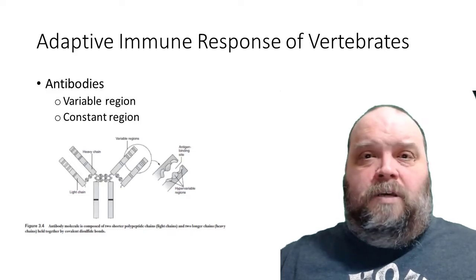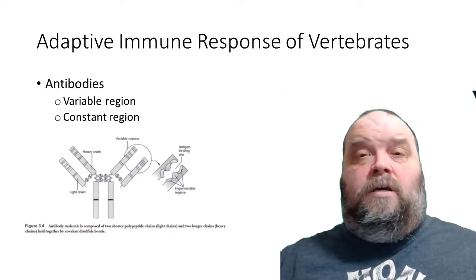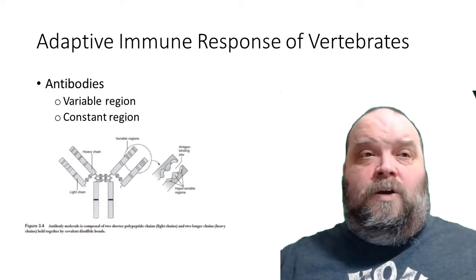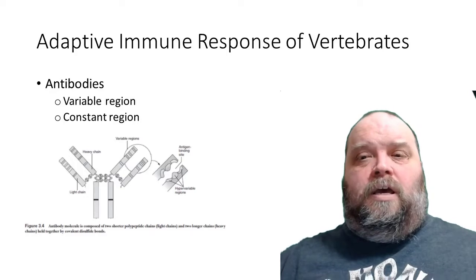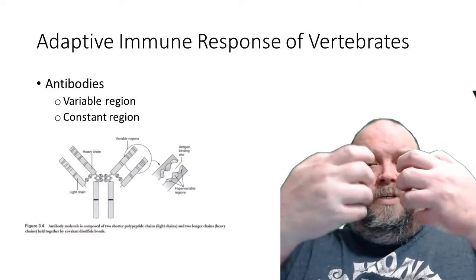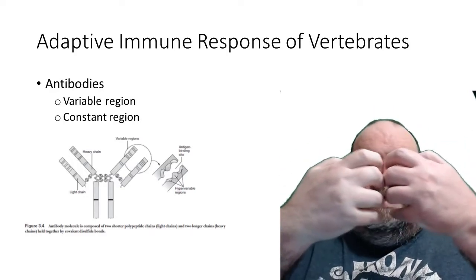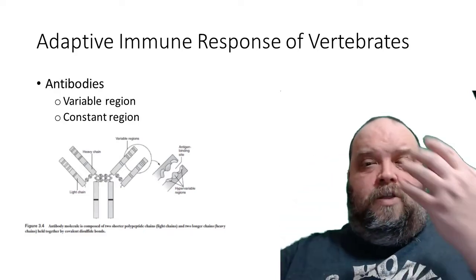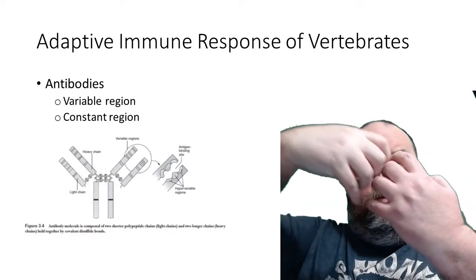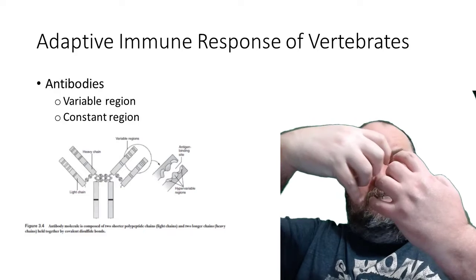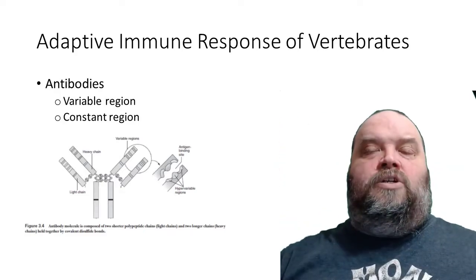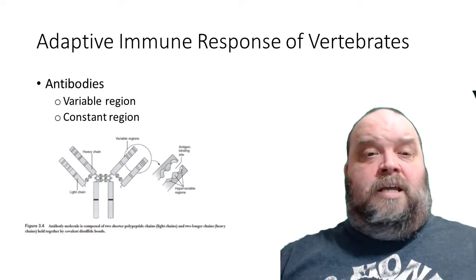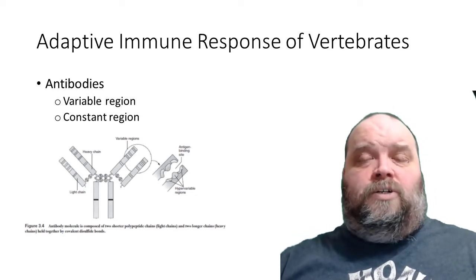Different antibodies from different B cells are going to have different amino acid sequences there because they're going to interact with different antigens. The variable sequence is going to interact with the antigen. So the ends of the Y is going to interact with the antigen. And it has to have the correct shape in the variable region to interact with the antigen. If it doesn't have the correct shape, there's no interaction.